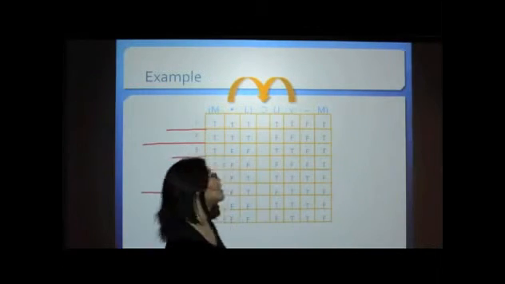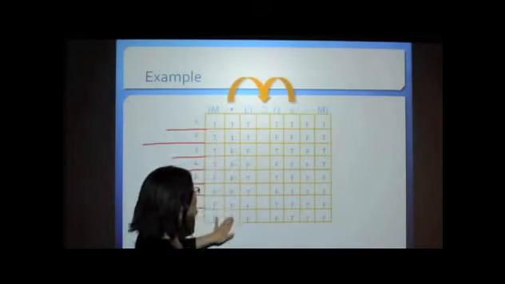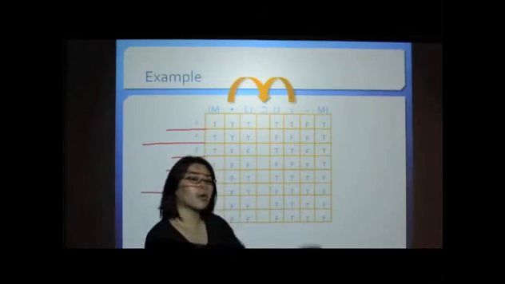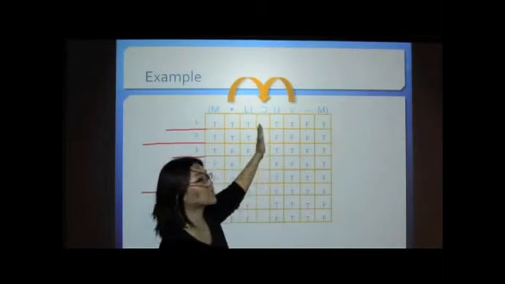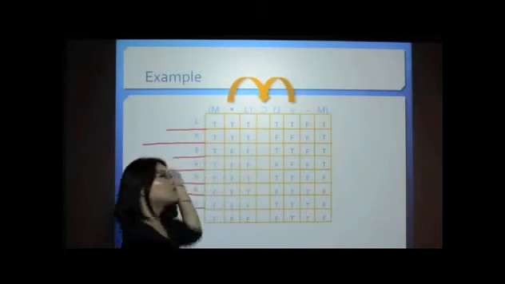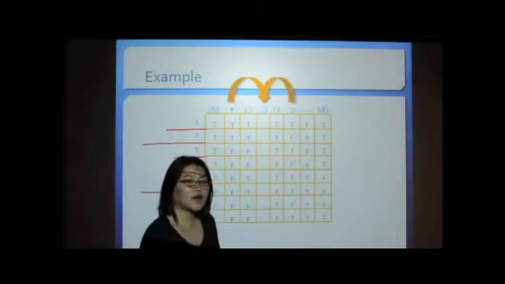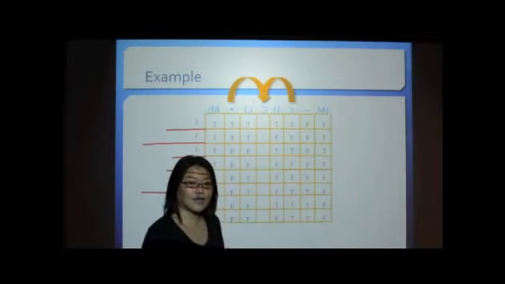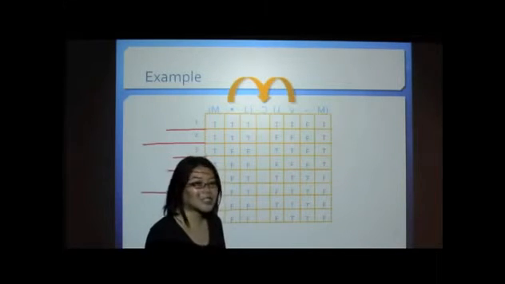So that's why we're going to use the truth values for this column, the dot, and the truth value for this column, the wedge, in order to determine the truth value for the conditional. And the one rule that defines the truth function for the logical operator, that's the horseshoe, is that a conditional statement is false only when the antecedent is true and the consequent is false. In all other cases, the statement is going to be true.